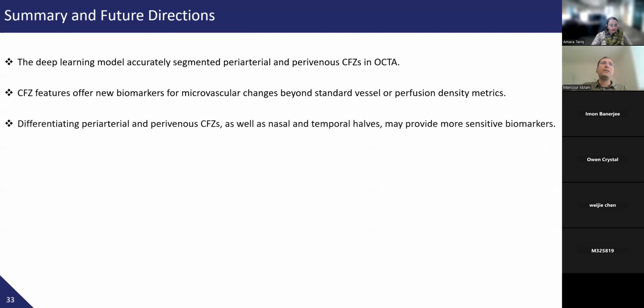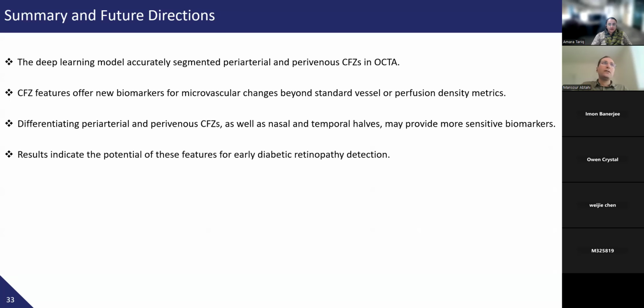And differentiating periarterial and perivenous capillary-free zones, as well as nasal and temporal halves, can provide more sensitive biomarkers than when we are using traditional machine learning algorithms. It can show how effective they actually are when we are measuring the classification accuracy.